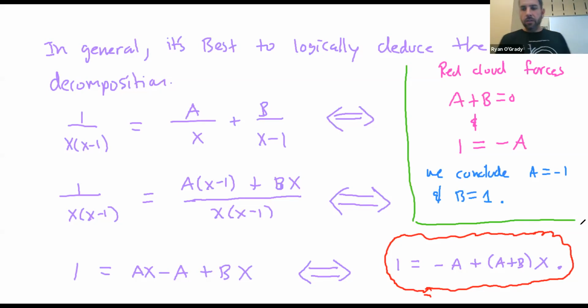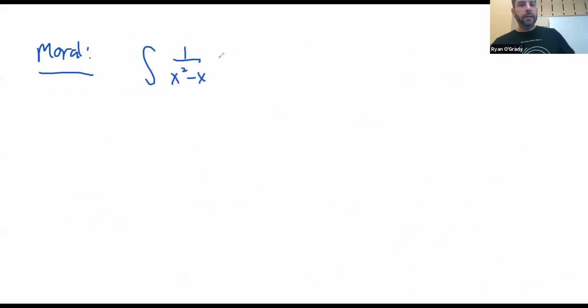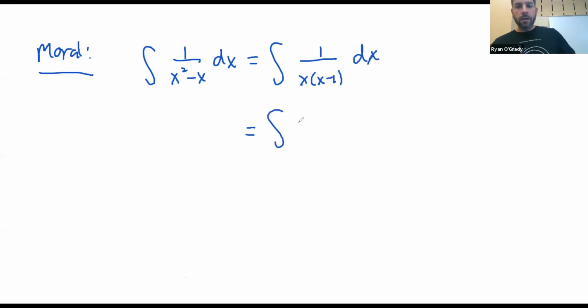Okay, so we can finally integrate then. We finally can integrate. So what's the moral? The moral is the integral that we started with, which is x squared minus x downstairs, is the same thing as this integral. But this integral we just found is negative 1 over x plus 1 over x minus 1. And these are not difficult integrals.